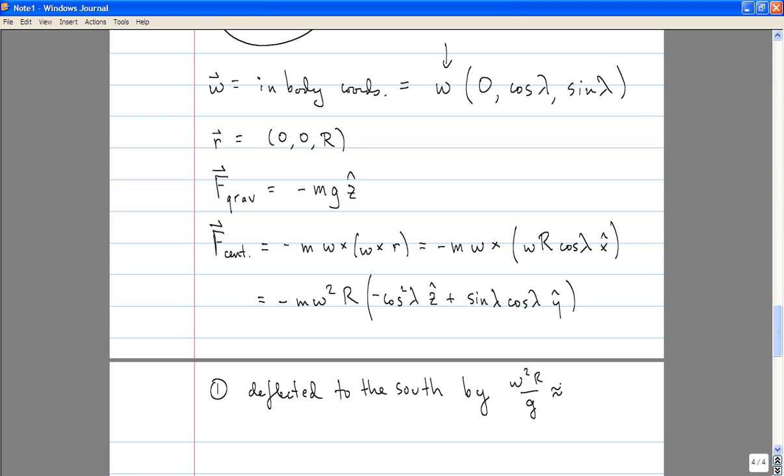If you evaluate this at a latitude of 45 degrees, it's a few tenths of a percent. I think at 45 degrees it was about 0.03%.